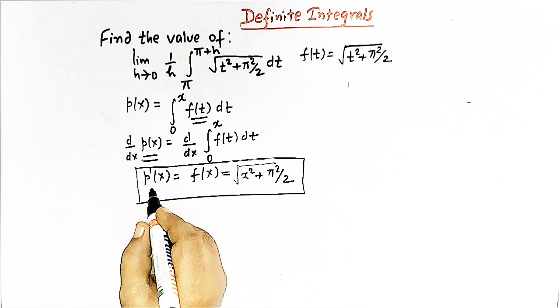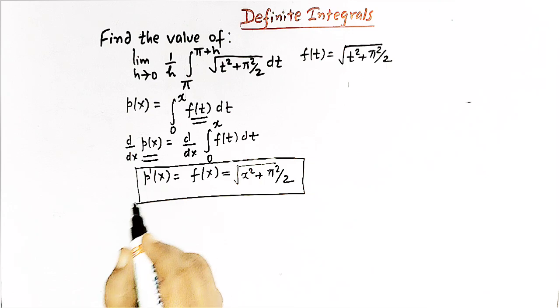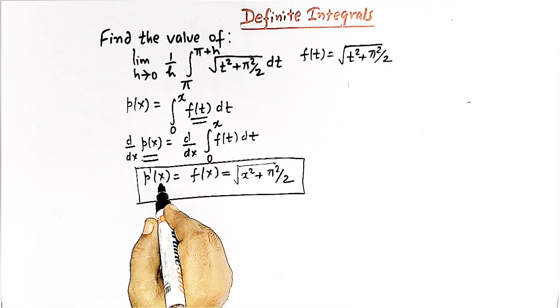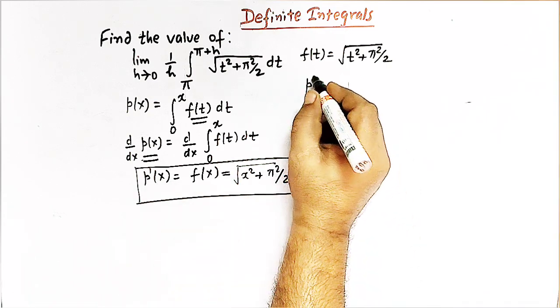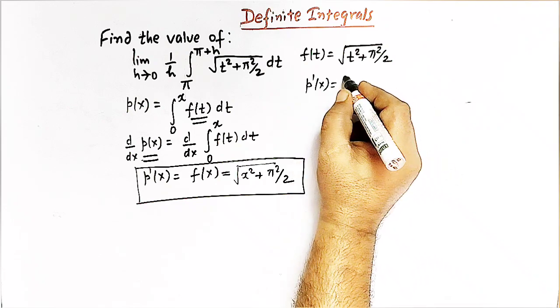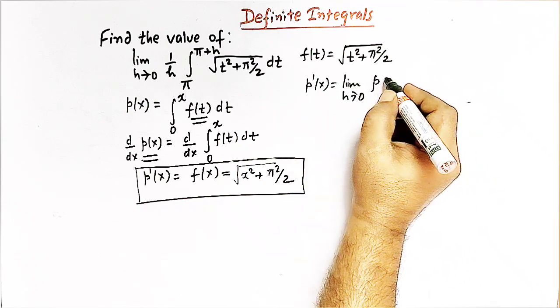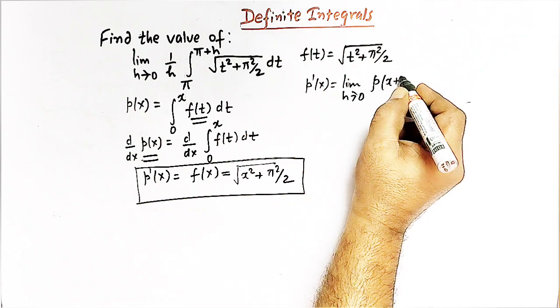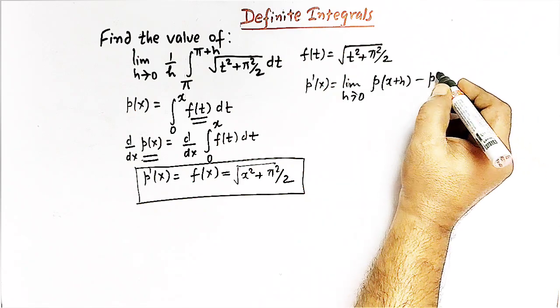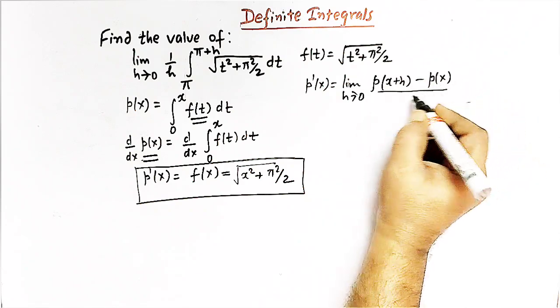Now let us consider the definition of p prime of x. So p prime of x can be written as the limit h tends to 0 of p of x plus h minus p of x divided by h.